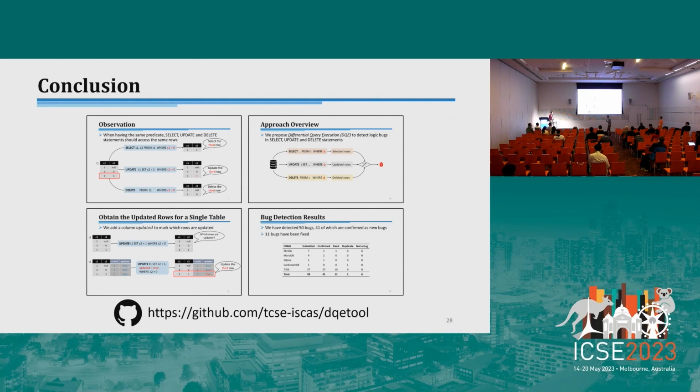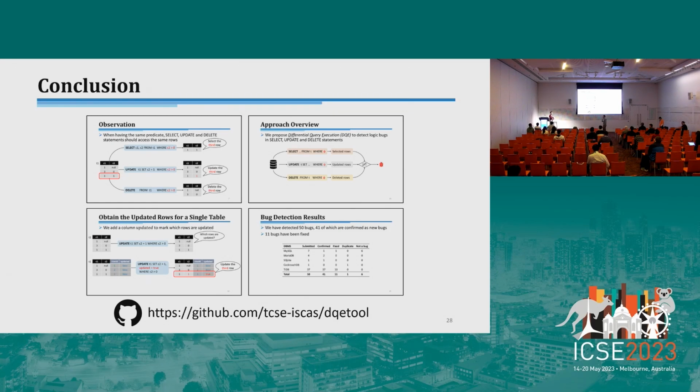Did you see any relationship between the bugs that are triggered and the complexity of the queries, or the complexity of the predicates? So basically, when do these bugs happen? This happens mainly because of the predicates, and different statements evaluate the predicates in different ways.